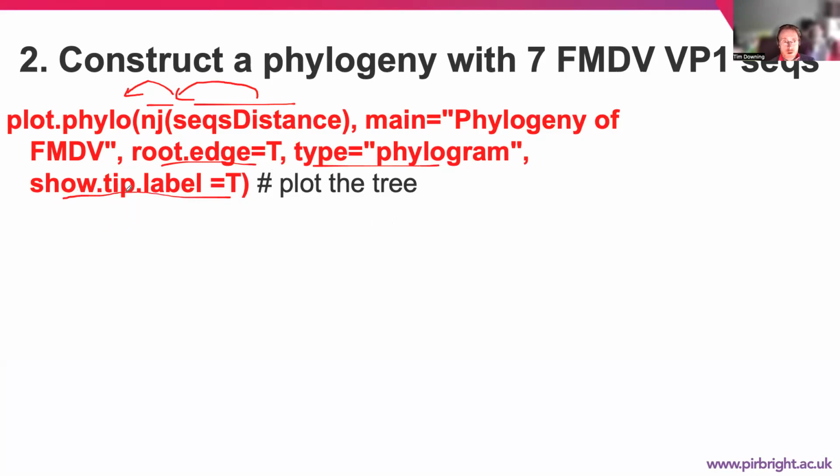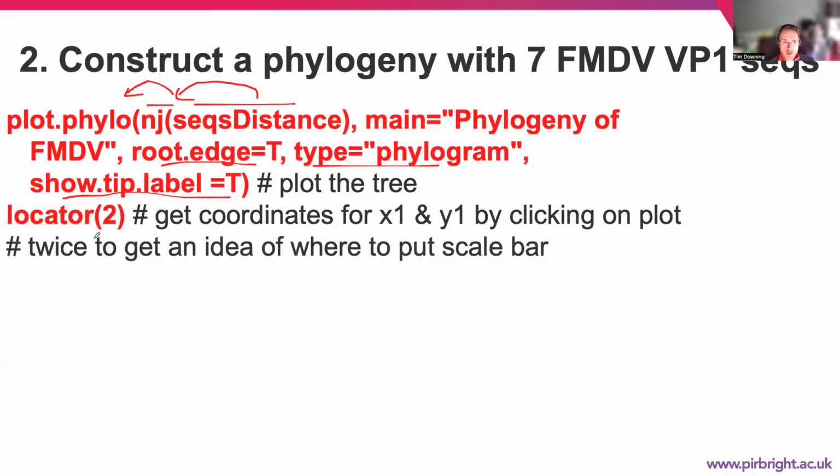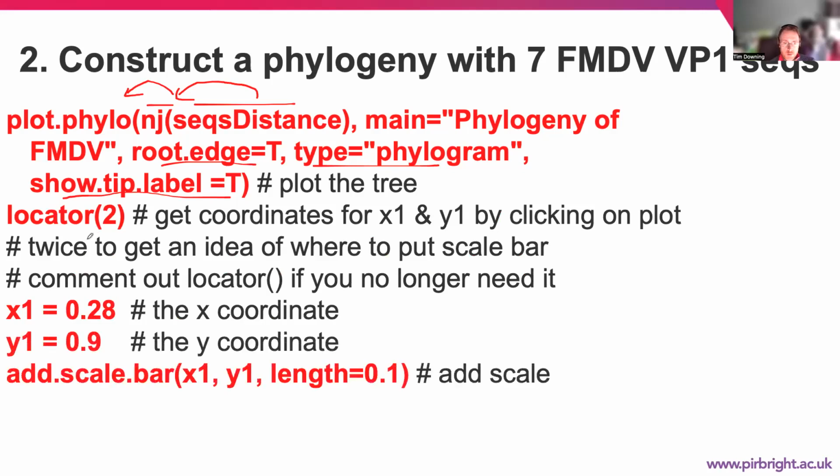We can use this function called locator to give us the X, Y coordinates. When you run this line, click on the plot twice, because we've got locator(2), so 2 for twice. Then we configure X1 equal to 0.28, and the other Y coordinate is 0.9. That means when we add the scale bar, we can identify these coordinates more easily, and that's the number of substitutions per site for the length that's shown.